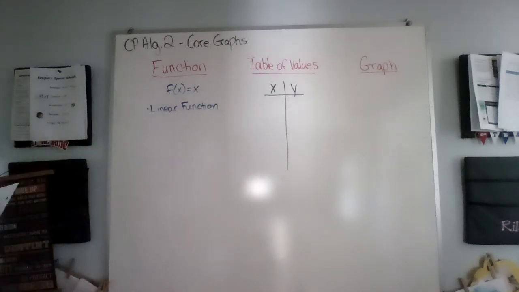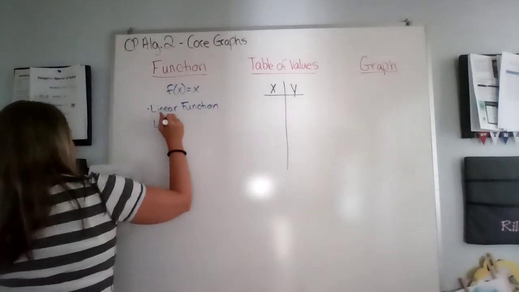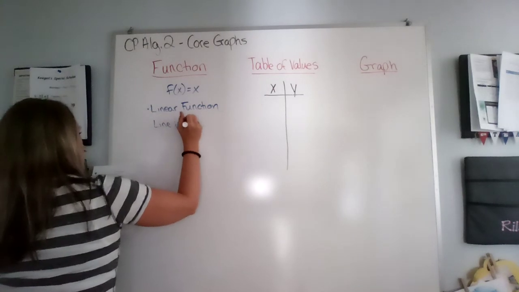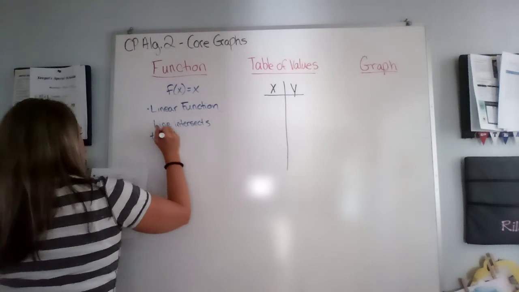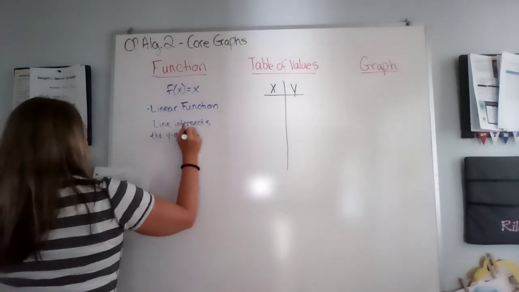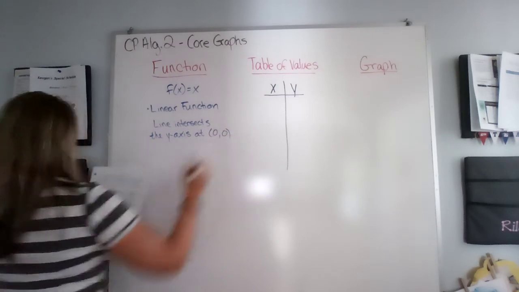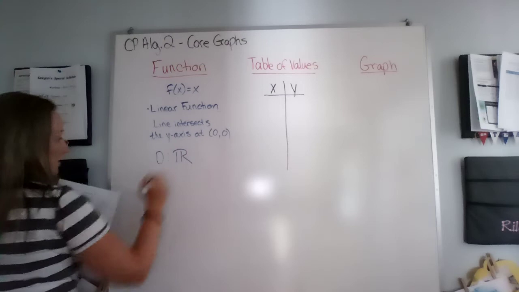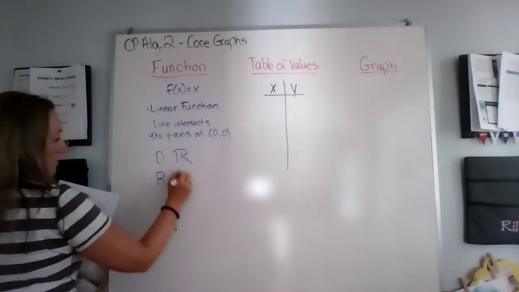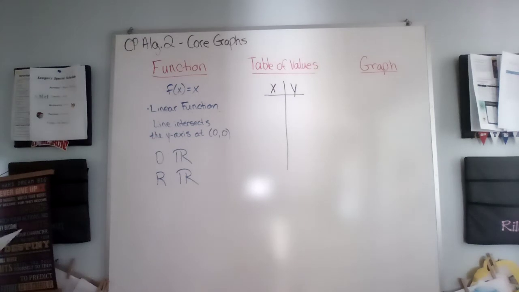Your linear function is a line, and it intersects the y-axis at 0, 0. Okay, the domain, talking about the x values, and the range, referring to the y values, all real numbers. Okay, so domain and range is all real numbers.